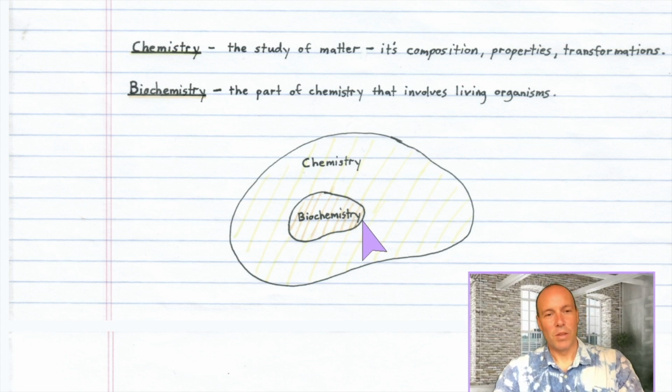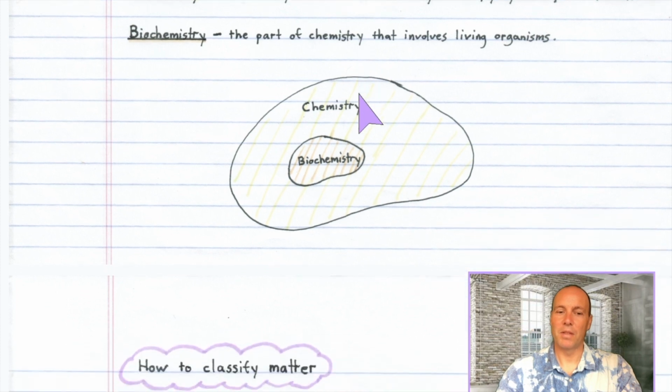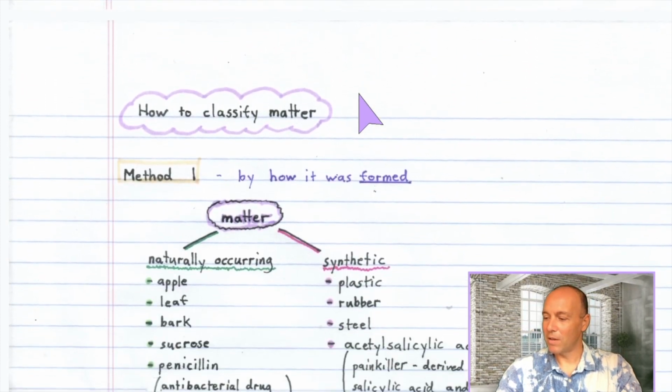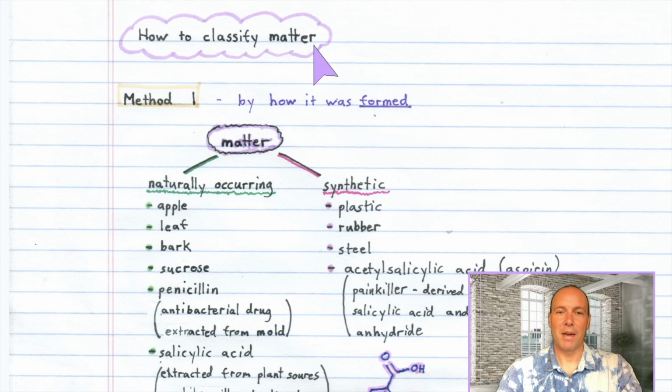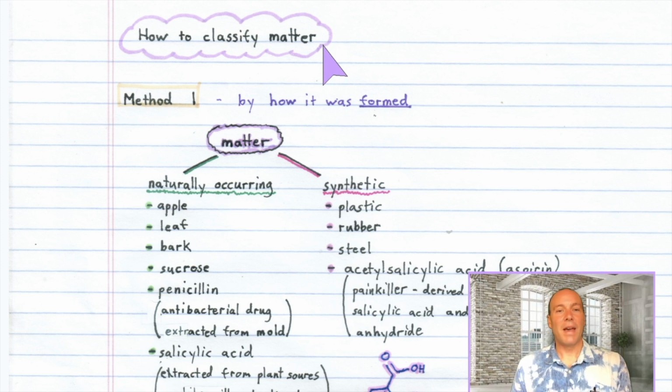So again, when you study matter, it's good to begin with categorizing matter into different types. So how do you classify matter? I like to make an analogy here. Suppose you have 10,000 pieces of paper, and you want to categorize all of those pieces of paper into different types. You have this type of paper, that type of paper, and that type of paper. Well, there's different ways to do that.